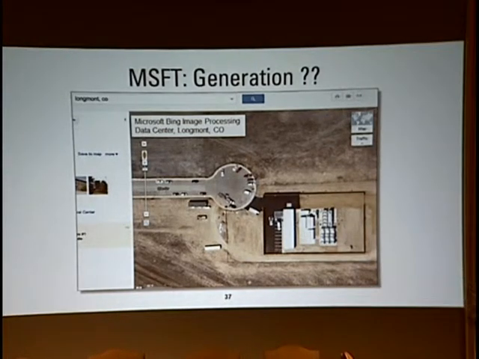So this is literally built in a cornfield in Longmont, Colorado. It took them 3 months. There's a time-lapse video that shows them clearing the site, installing the first couple of containers. There's 5 megawatts of capacity on this site. They expect to utilize it all.